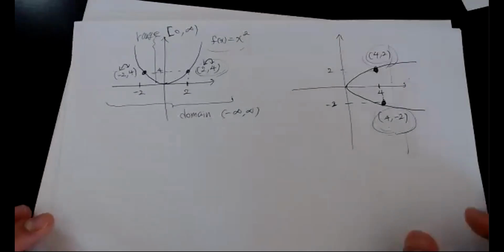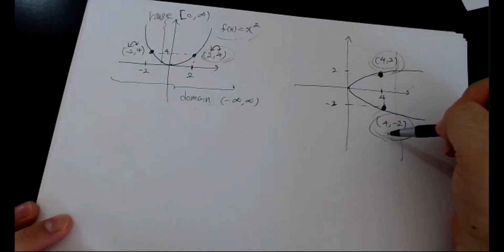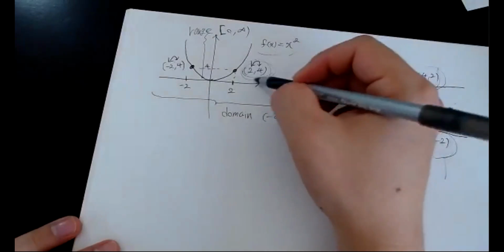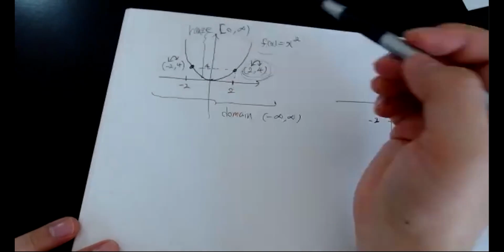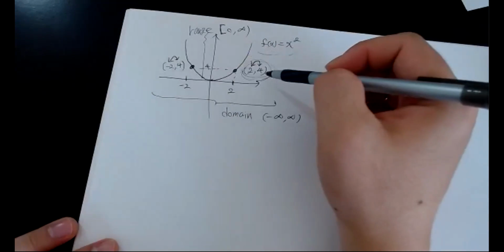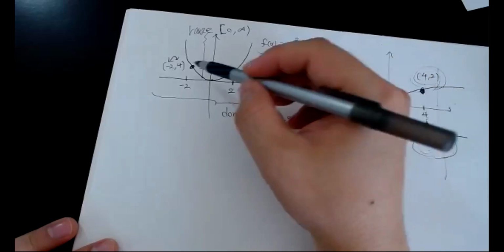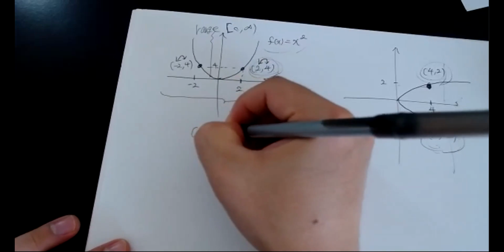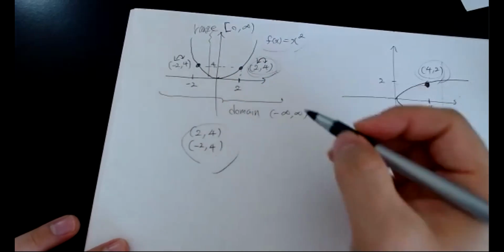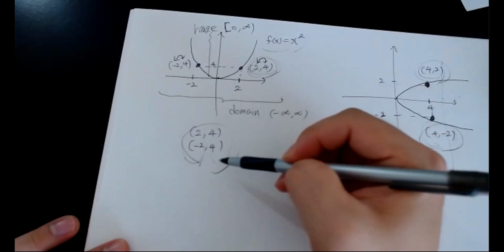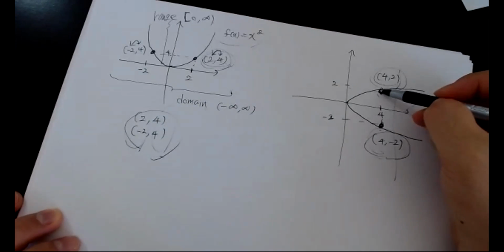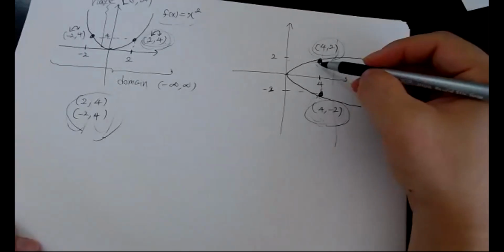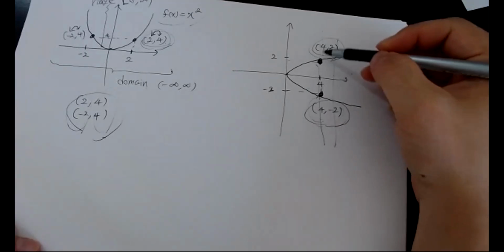These two guys have different first but same second, right? You see that? (2, 4) and (-2, 4). These two ordered pairs have different first, same second. That's why we got those 2 points, which are on the same vertical line, right? They pass through the same vertical line.